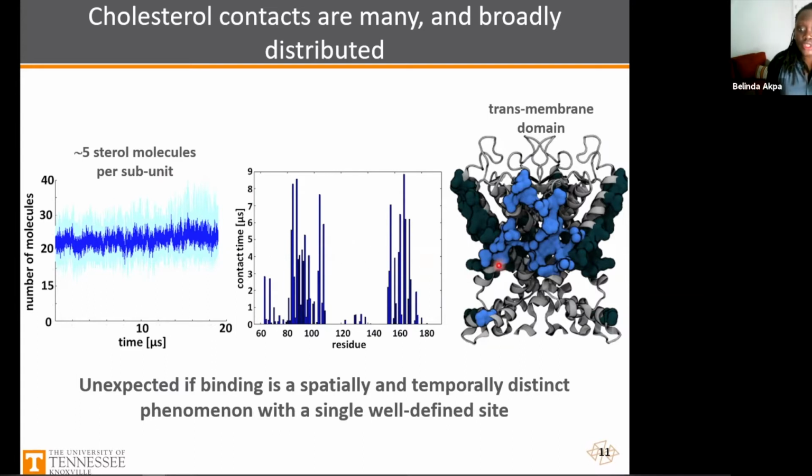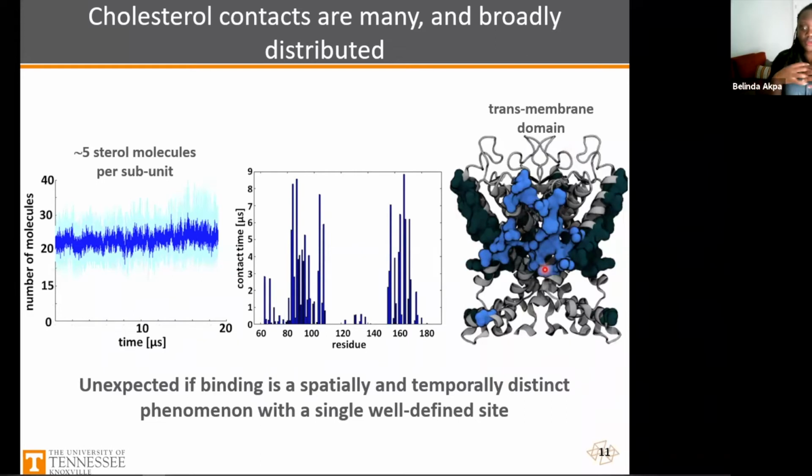And if we render on a structure of the protein those residues with, say, the top quartile of contact times from this histogram, we find that they're distributed all over the transmembrane domain of the protein. There doesn't seem to be a single well-defined binding site when you simply map frequency of contacts from a residue's perspective.